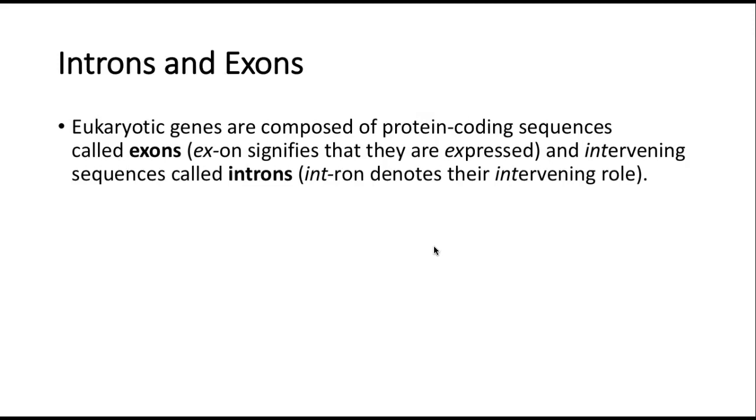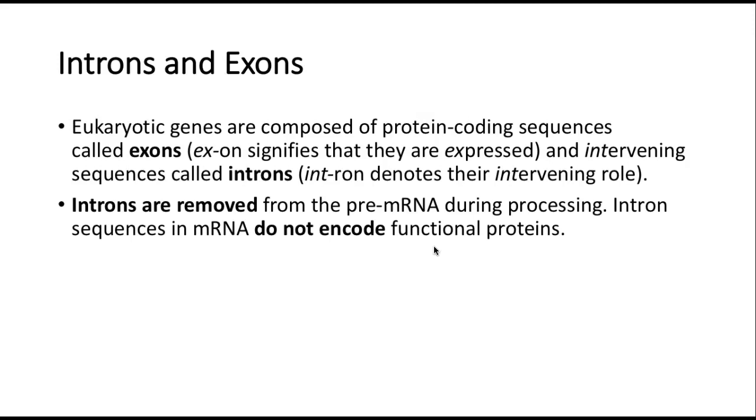So some sequences in your DNA just don't code for any proteins. They're just there, whereas some of the sequences do. Introns get removed from the pre-mRNA during processing. Intron sequences in mRNA do not encode for functional proteins. That's why they're intervening. They are not expressed like the exons.